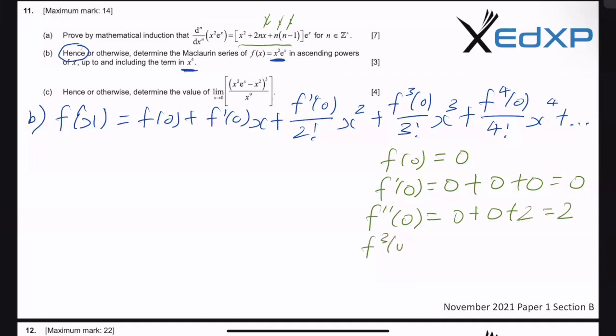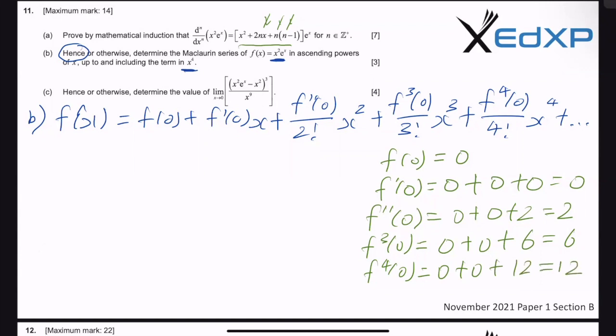What about the third derivative, f triple prime 0 will be 0 plus 0. The first two terms are always 0, because x is 0, plus 3 times 2, that will be 6. And the fourth derivative will be 0 plus 0 plus 12.